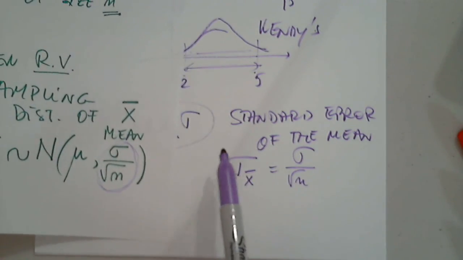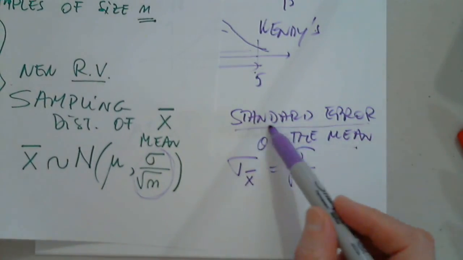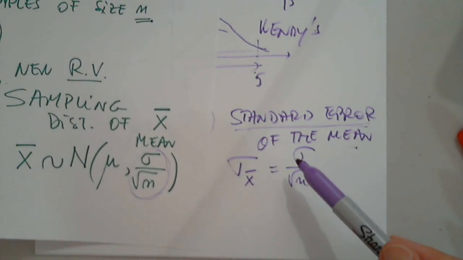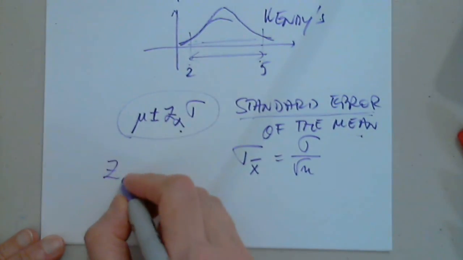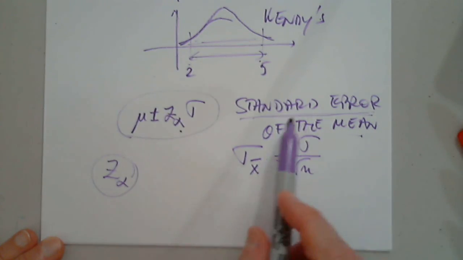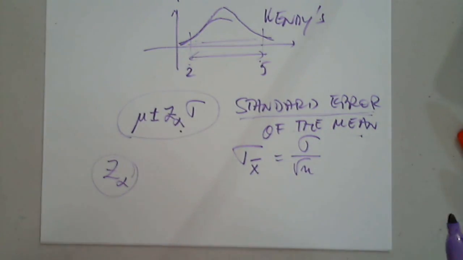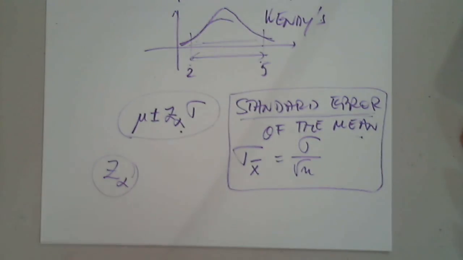But normally the words standard error are connected to a certain alpha that we remembered a few minutes ago, the z alpha. So it's connected to the standard error. But they want to call it the standard error in this book, that's fine. But it's normally connected to a particular alpha.